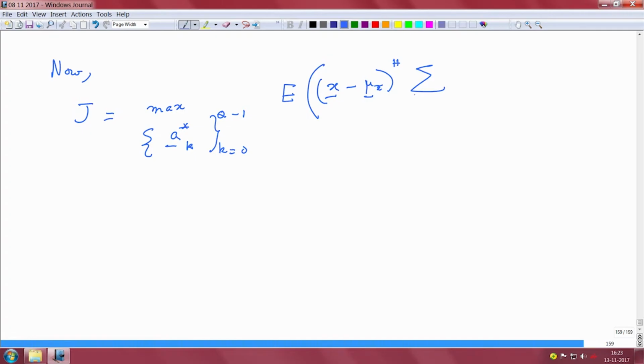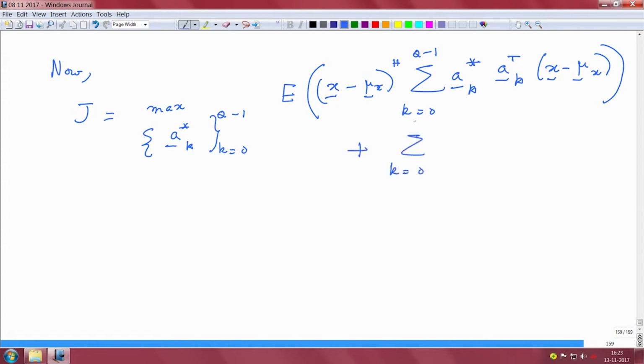So, A q Hermitian times A q can be written with the summation k equals 0 to q minus 1, A k conjugate A k transpose, times x minus mu x, right, and then subject this to the following constraints.